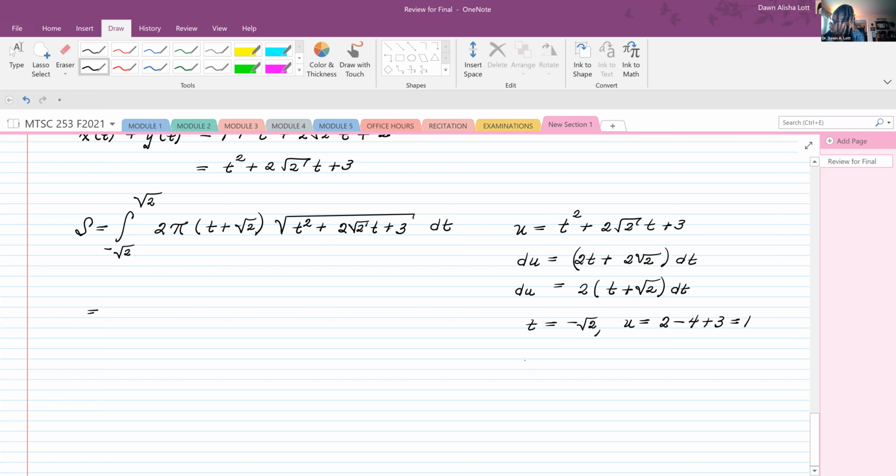So that's 1. And if t is equal to the positive square root of 2, u is going to equal 2 plus 4 plus 3, 9. Is that right? Yes. Oh, this problem is beautiful.